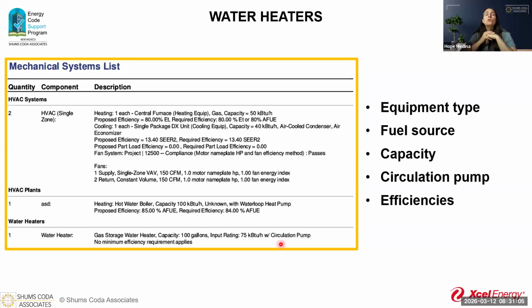It lets us know too, do we have a circulation pump involved with it, which is incredibly important, because if we have those public labs, remember that you basically get 6 inches from your water heating source to the fixture, right?